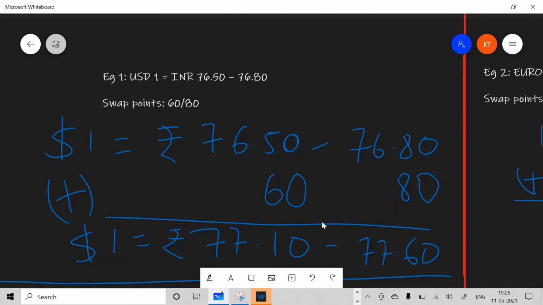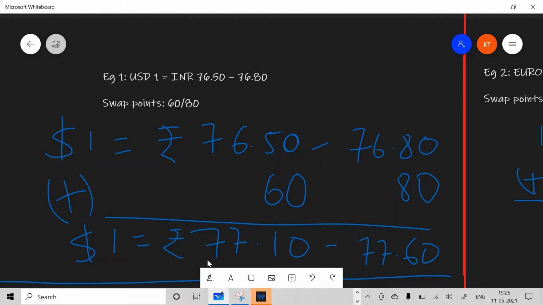So what is happening is the bank's cost of buying $1 is going to increase by 60 paisa. And so to make sure that the margin, that is the spread, remains the same or increases, it would increase the selling price by the same or a higher amount. So here it is increasing the price by 80 paisa and the spread increases from 30 paisa to 50 paisa.